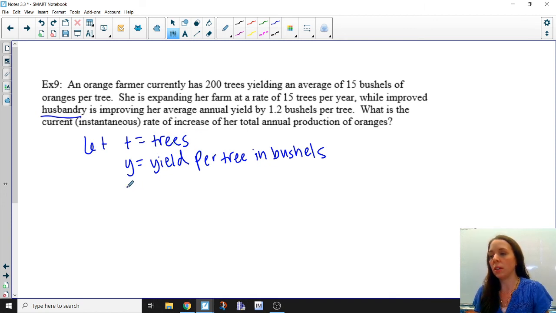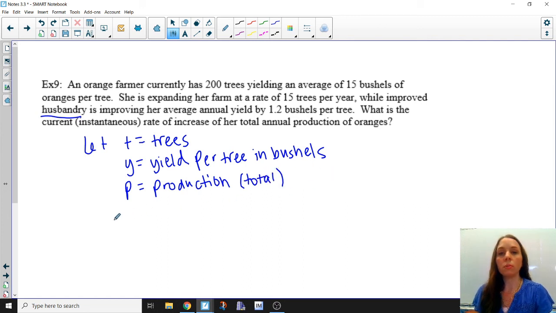So one more variable that we should define is P for production, which is a total. So we should be able to write a simple equation from these variables. What would that equation look like? The production comes from the number of trees she has times her yield per tree.